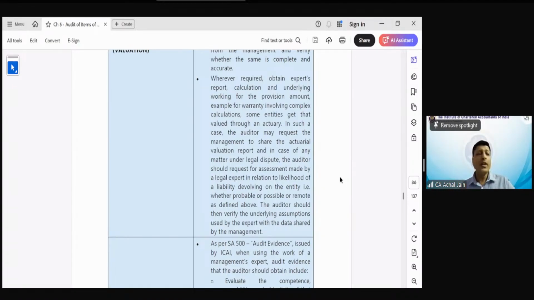Sometimes the auditor may also not be competent to do that. So in such a case, what should the auditor do? Tell me, over to you. What should the auditor do in such a case?